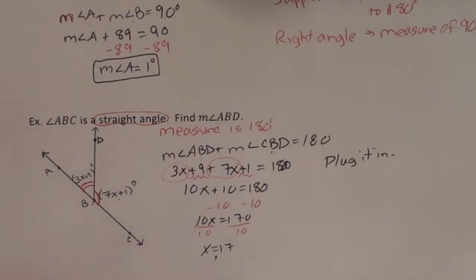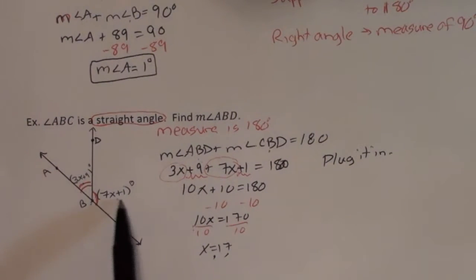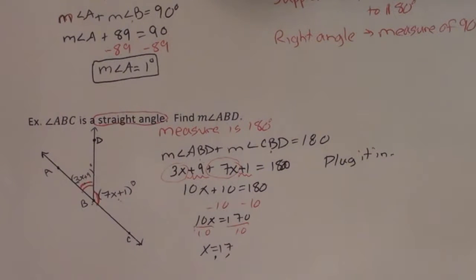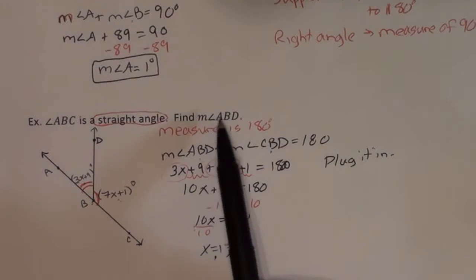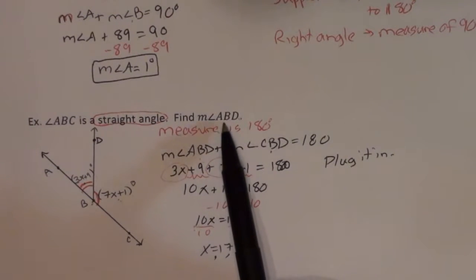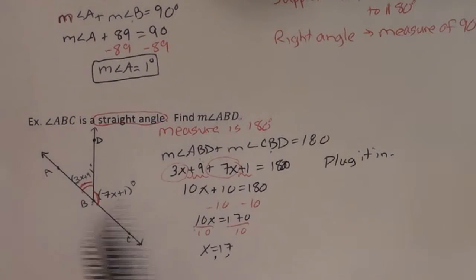And when I say we plug it in, I'm referring to we plug x equals 17 into one of these two expressions. Which one? Well, keep in mind, we're looking for the measure of angle ABD, so we should probably plug it in to the one that we care about, which is ABD.